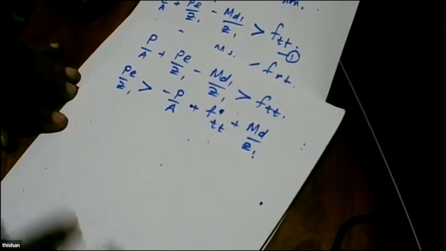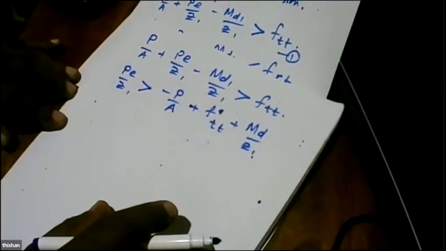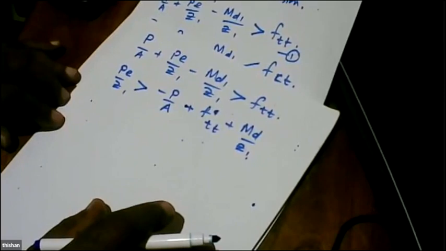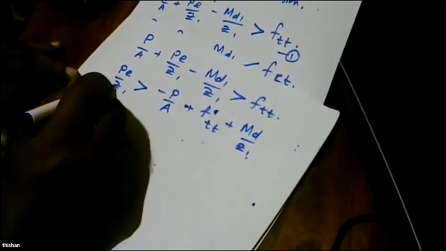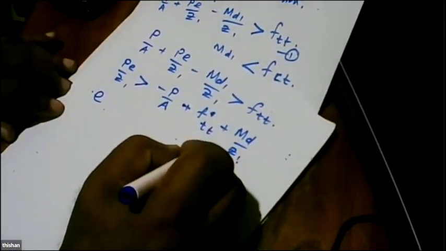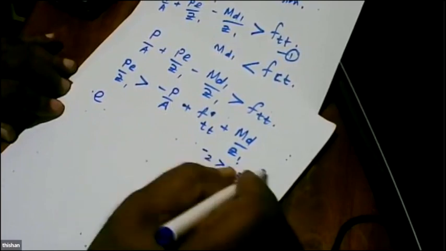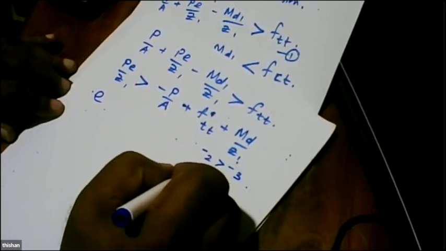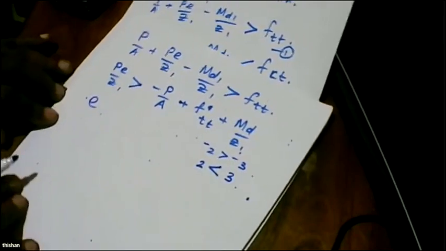Right? So I can write that equation, and then I multiply this whole equation by Z1 and divide it by P. Then I can say E should be. Now you can see here I am multiplying by a negative quantity. So I am saying minus 2 is greater than minus 3, but if I multiply it by a minus parameter, then I have to say 2 is less than, so the inequality should change.